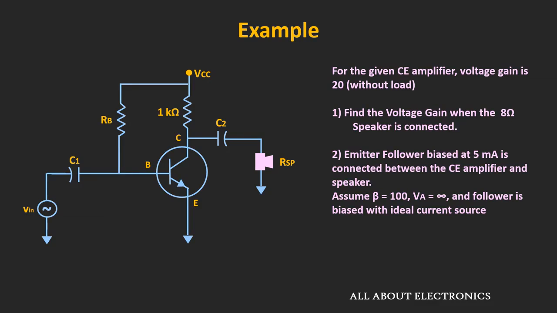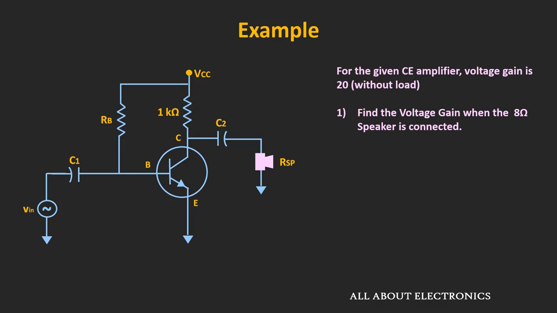So first of all, let us find the voltage gain when the 8 ohm resistor is connected to the amplifier. That means this load resistor RL is equal to 8 ohm. Now we know that for the common emitter amplifier, the voltage gain can be given as minus Gm times RC parallel RL. So here RC is equal to 1 kilo ohm while RL is equal to 8 ohm.